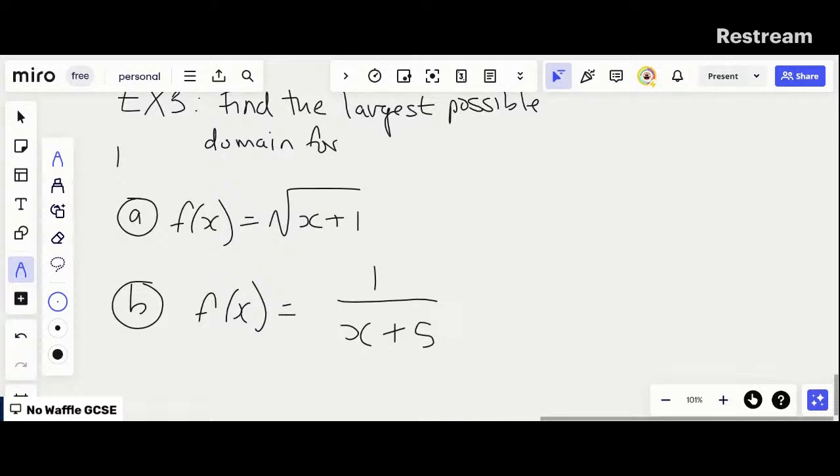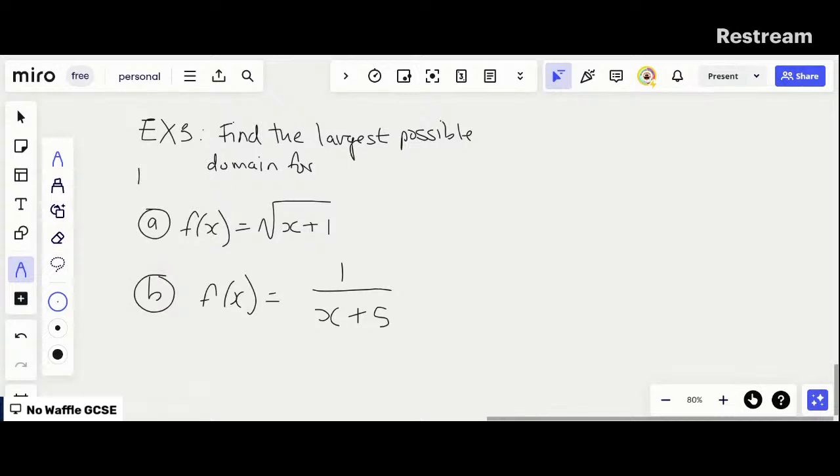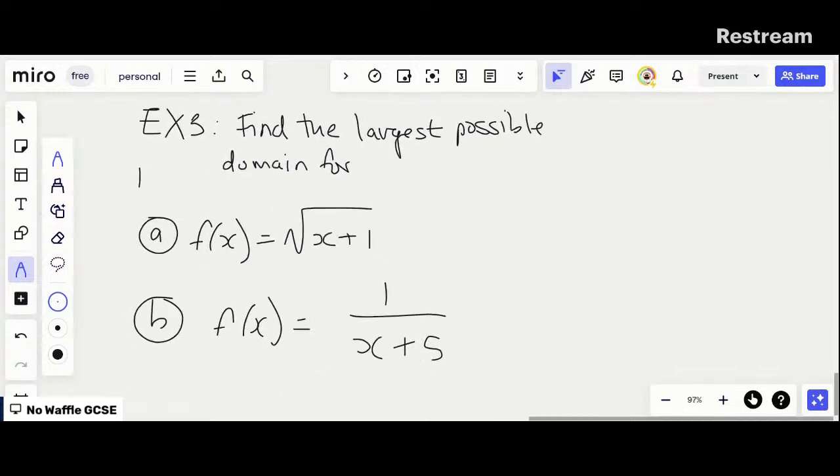So what are we going to do now? Find the largest possible domain, the largest possible values that you can plug in. So in this case, what can't x be? Well, as we said, we don't want to square root any negatives. So when will the answer be negative? Well, when x is equal to 0, you have square root of 1, which is fine.